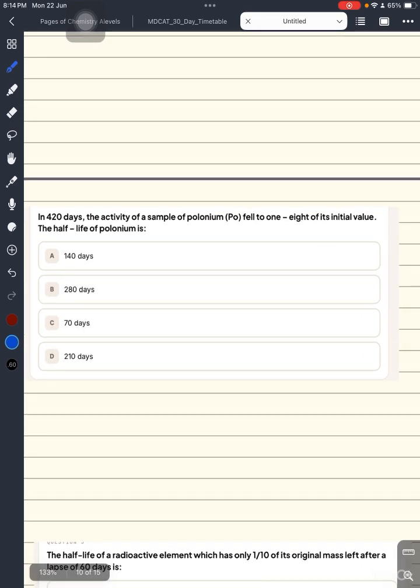So, one more question. In 420 days, the activity of a sample of polonium fell to 1/8 of its initial value.